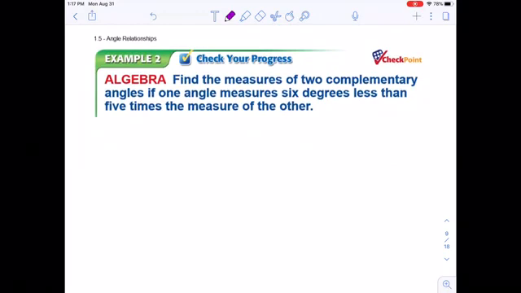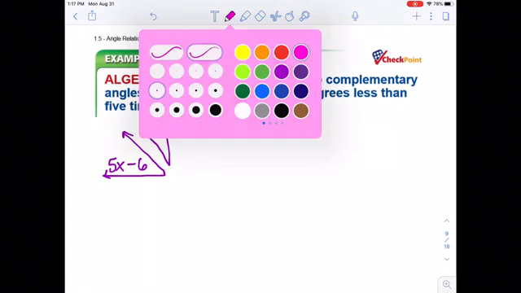Now we are going to find the measure of two complementary angles with the same expressions. Not drawn to scale, I have the measure of angle 1 is 5x minus 6, or 6 degrees less than 5 times x. And the measure of angle 2 is simply x.